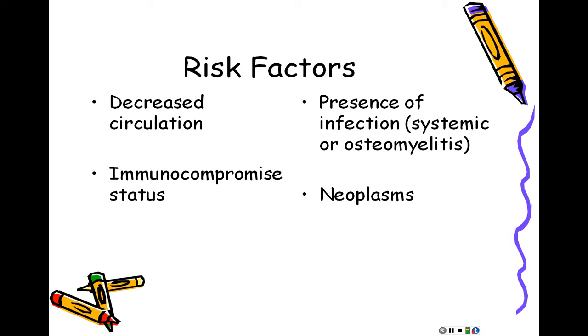And neoplasm, we'll talk more about cancers next semester in 201, but anytime we have a cancer, it is a disease or a sickness, and it puts that person in an immunocompromised state, and the body has a reduced ability to fight off infection and disease when the person has cancer.